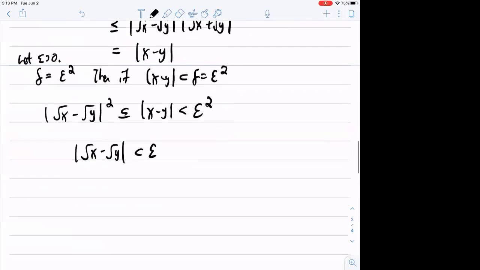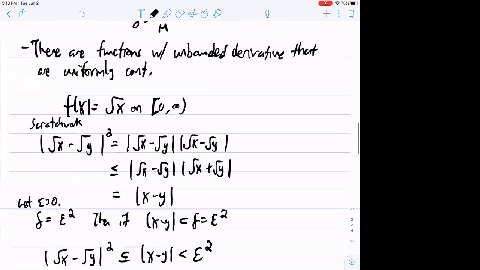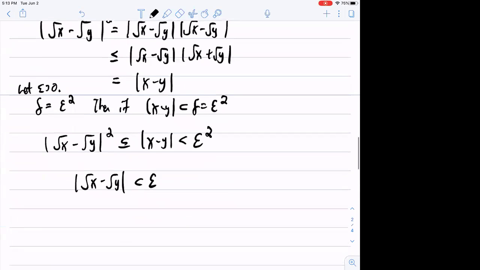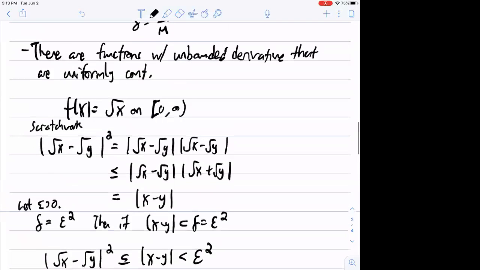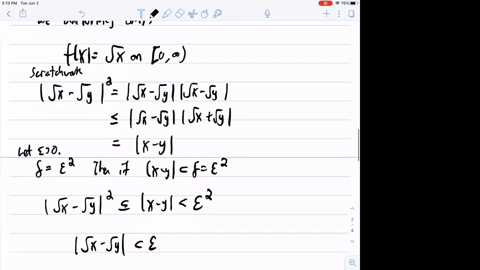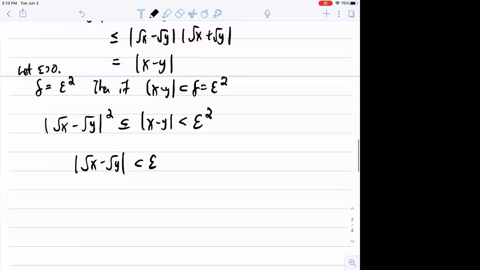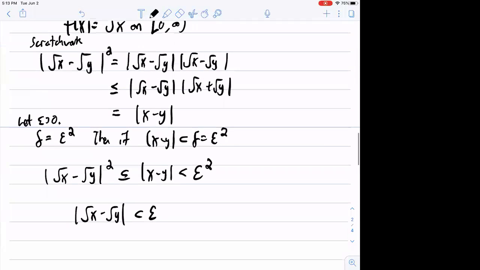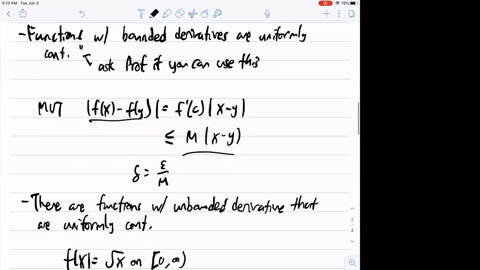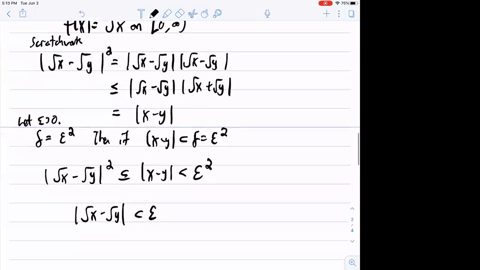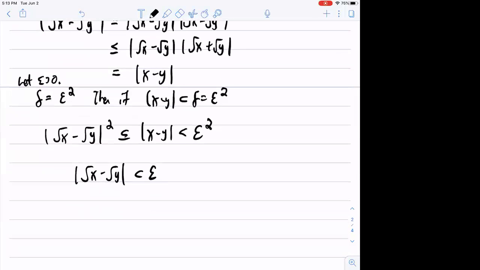But you see that here, right? I guess if I include 0, the derivative doesn't make sense at 0, but you know, it is uniformly continuous on 0 to infinity, including 0, right? By this proof. So be careful, right? Don't just say derivative unbounded, so not uniformly continuous.